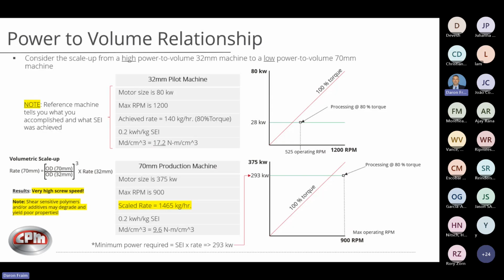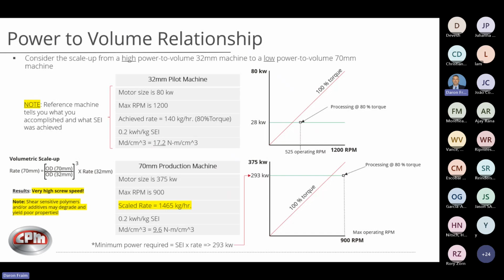So your 70 is less than 10, 9.6. Now you can see on the 32, you achieved 140 kilograms an hour. So if I do my math and scale that, 70 divided by 32 cubed times that 140 kg per hour rate, that tells me I should be able to put 1,465 kilograms an hour through that 70.